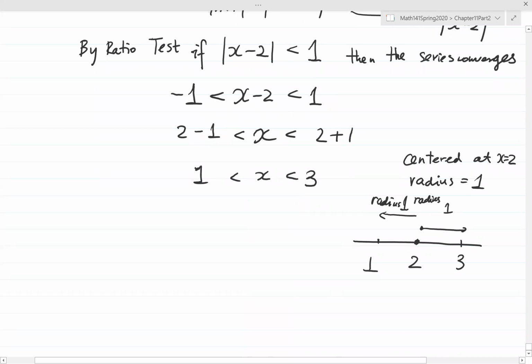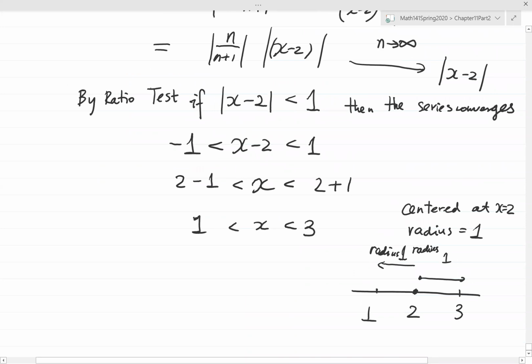Now remember, the ratio test fails when the ratio is equal to 1, so we need to do more work. You may ask, what happens when the ratio is 1? In this case the ratio test fails, so we need to check what happens when the absolute value of x minus 2 equals 1, at the boundary. Of course, if the absolute value of x minus 2 is greater than 1, it diverges by the ratio test.